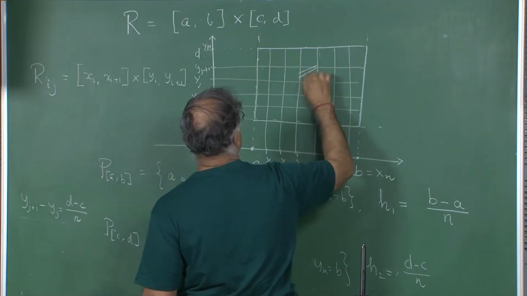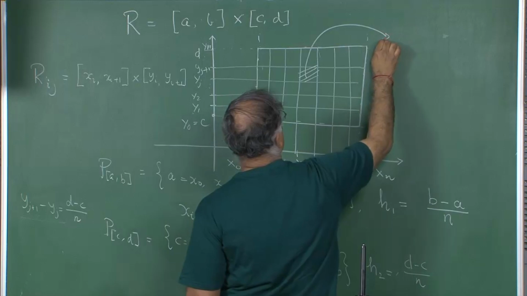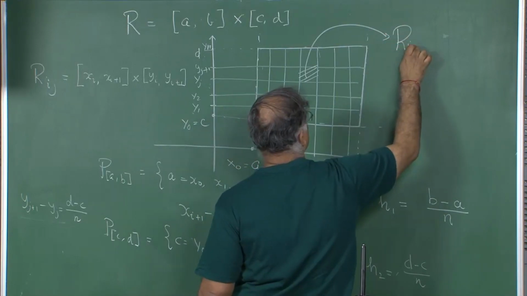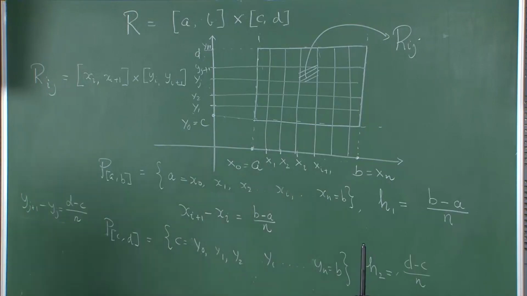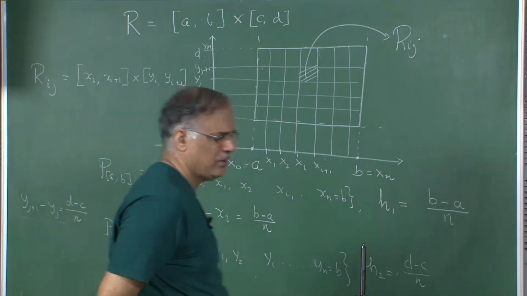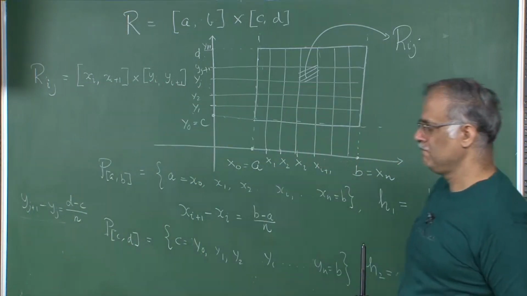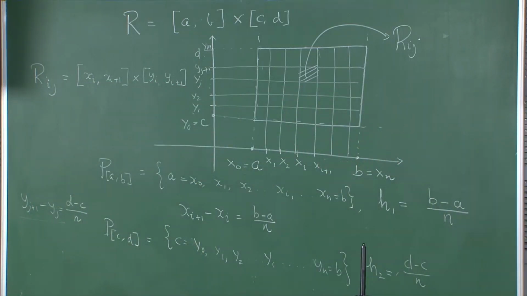So, this one gives my rectangular zone Rij. I think that is clear, that is visible.